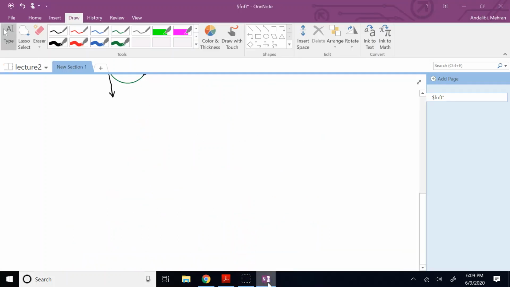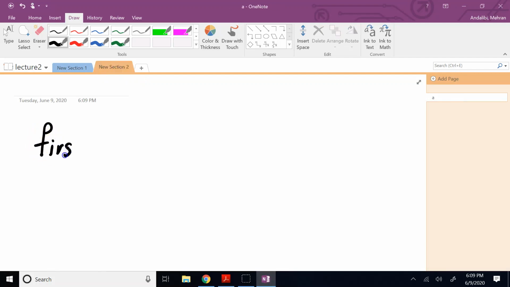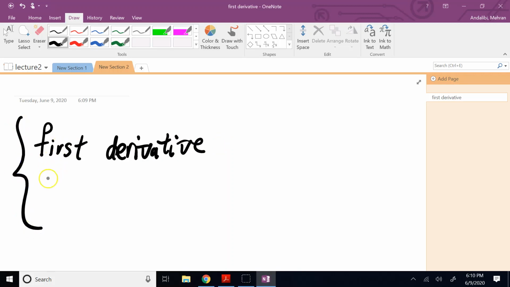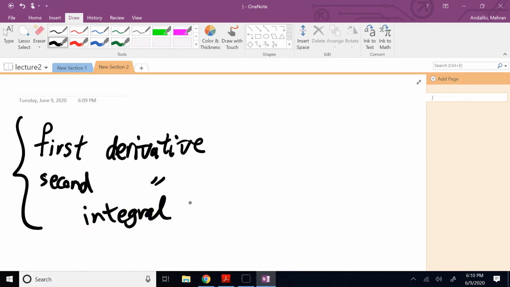From what you learned in calc, what's the meaning of first derivative in a graph? What's the meaning of second derivative in a graph? And what's the meaning of integral in a graph?